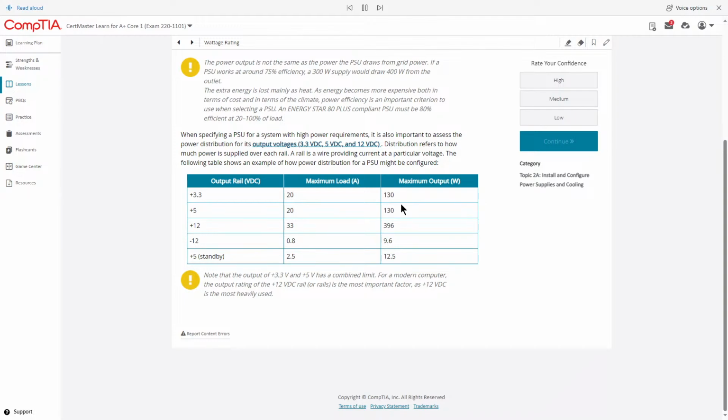The following table shows an example of how power distribution for a PSU might be configured. Output rail VDC. Maximum load A. Maximum output W. Plus 3.3.